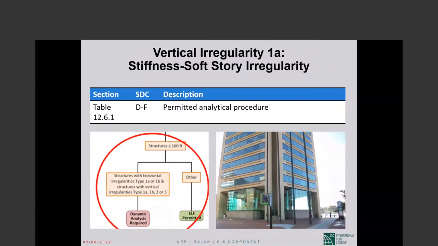Anyway, so the soft story irregularity, the only thing that is triggered is the dynamic analysis permitted analytical procedure. So vertical 1A, 1B are also bad irregularities that would trigger dynamic analysis even for shorter buildings.